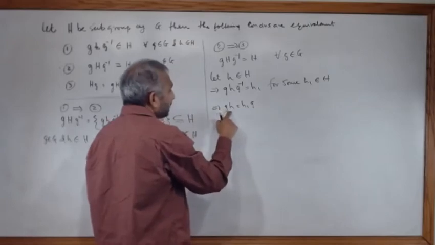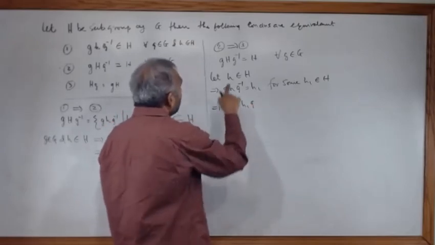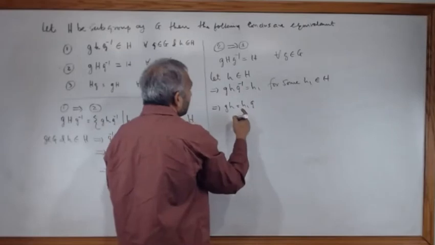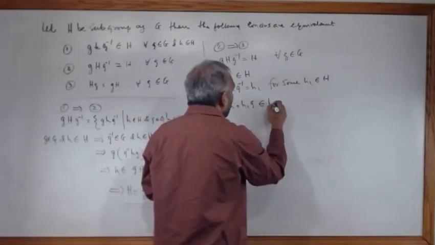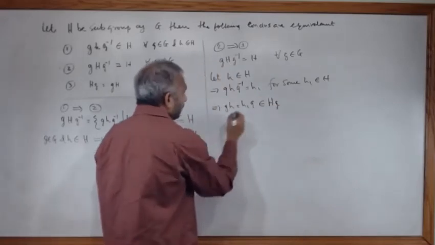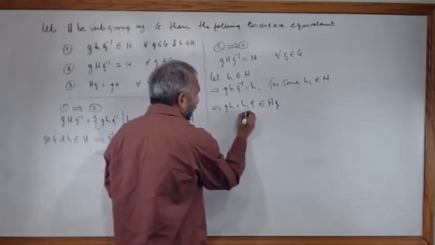And where is gh? gh is in capital Hg. So this actually belongs to Hg, because this is from H and this is from G.